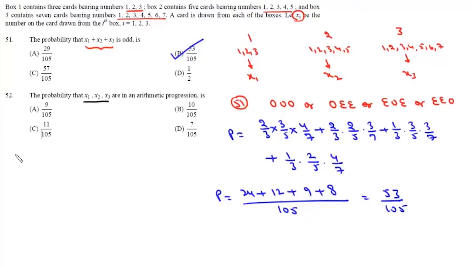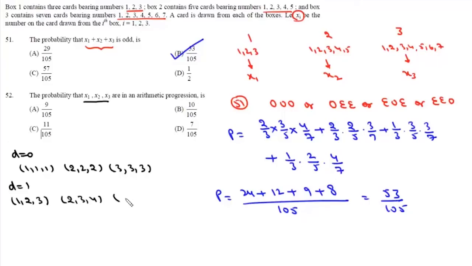Now it can be an AP with common difference of 0. In that case we'll have 1, 1, 1, 2, 2, 2, and 3, 3, 3. If we say common difference of 1, then we can have 1, 2, 3, 2, 3, 4, 3, 4, 5.